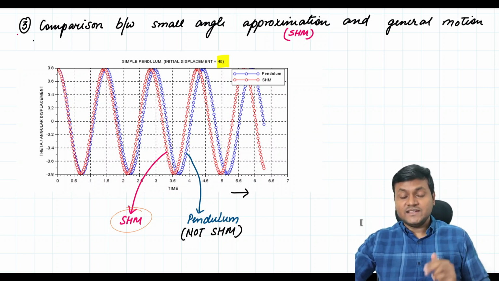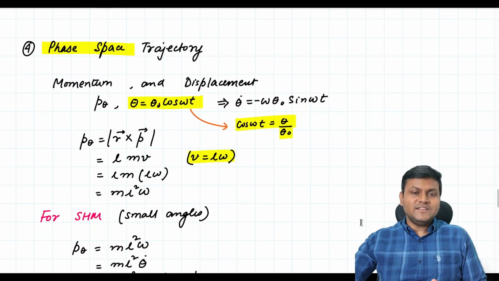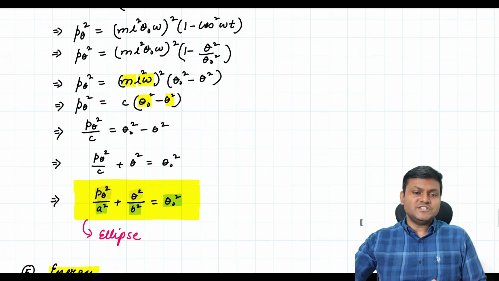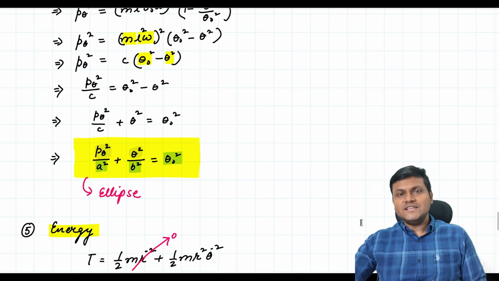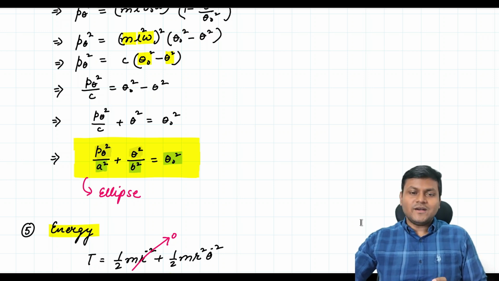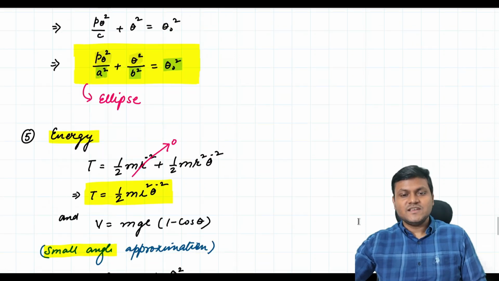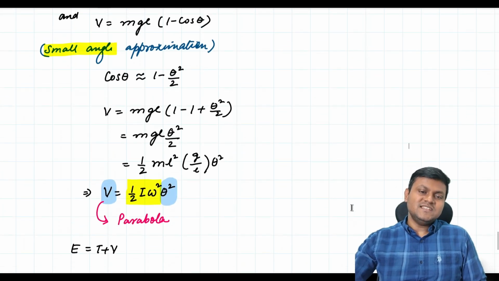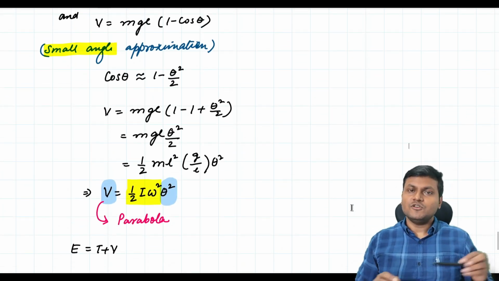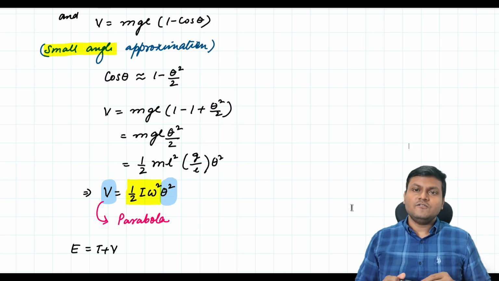It lags behind an actual SHM with increasing time. We also looked at the phase space trajectory, where we saw how the momentum varies with the angular displacement. It looked like an ellipse for smaller angles, but for larger angles it deviated from the shape of an ellipse. From the energy analysis, we can see that the potential energy is a parabola for small angles, but not so for larger angles.